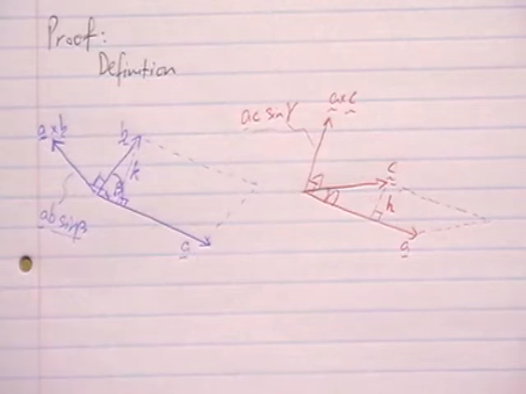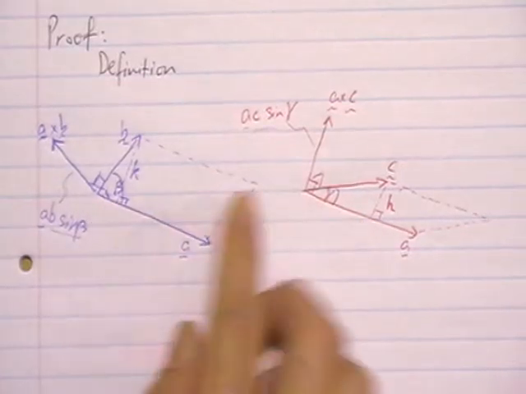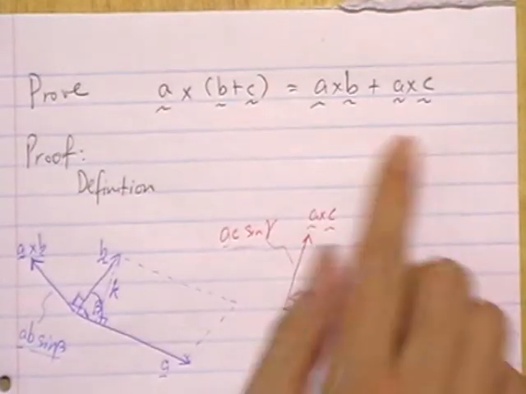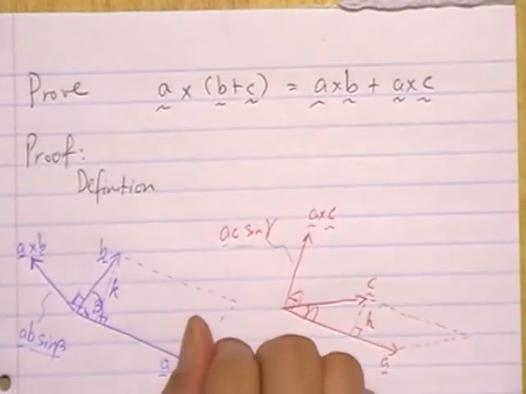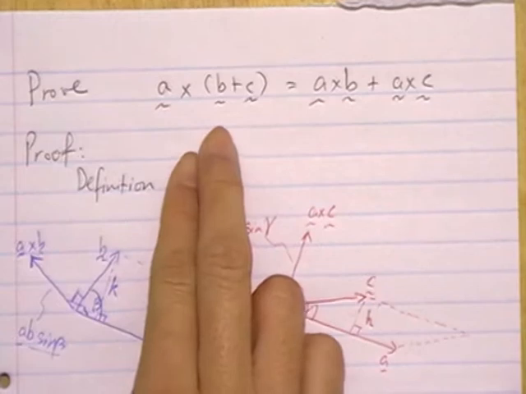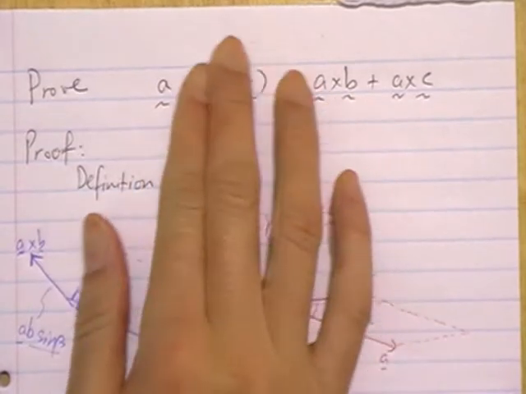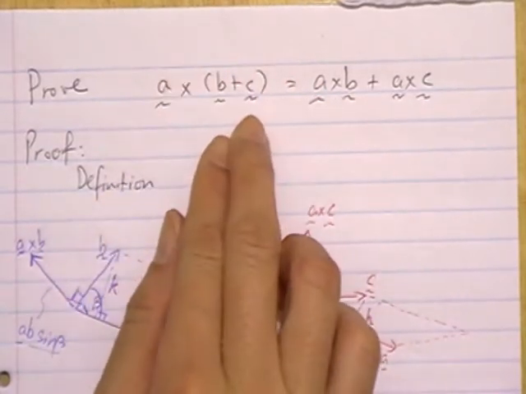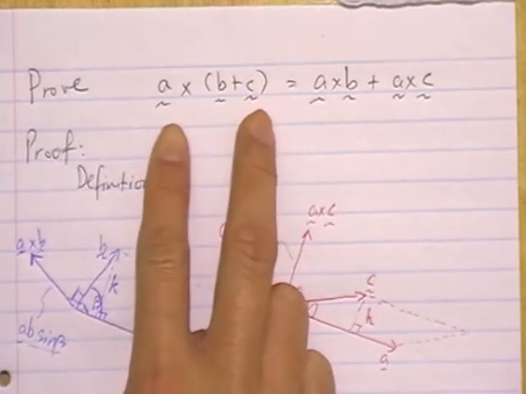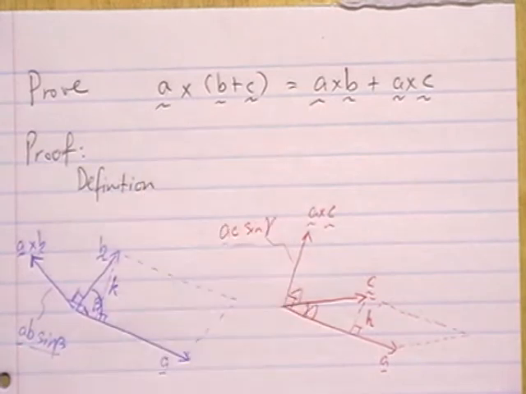So we have a visual description of each of these terms on the right of the law that we want to prove. And in the next step, I shall turn to the left hand side and think about a corresponding picture for that.